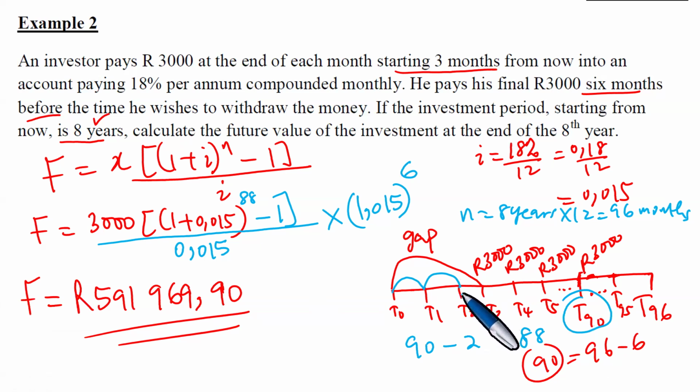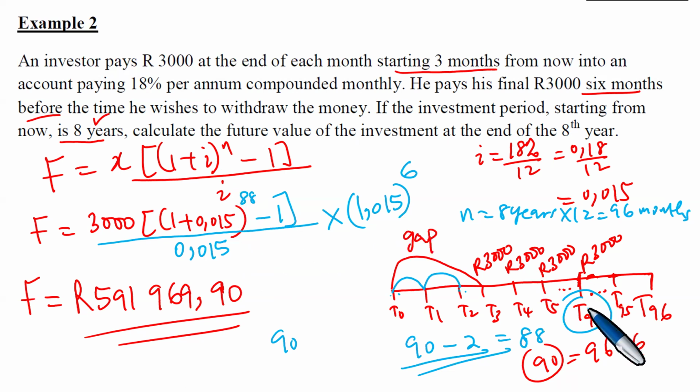So the future value of the payments becomes 90 minus 2, which gives exactly 88 months. We then put n equals 88 months there.